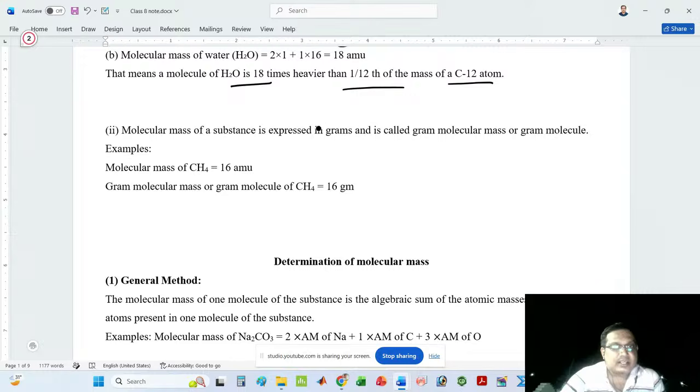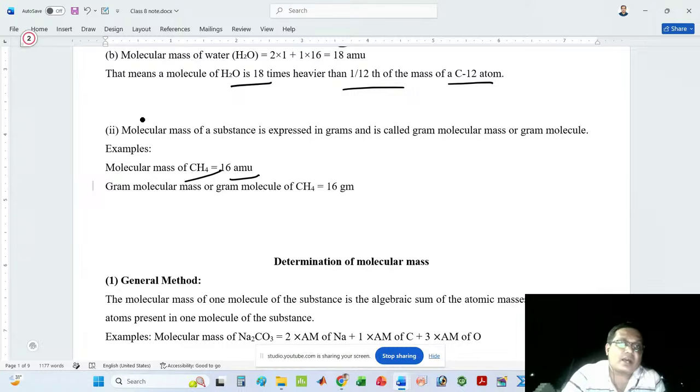Similarly, you can think about the CH4 molecule. Here, the molecular mass is 16 AMU. That means you can say that a methane molecule is 16 times heavier than 1 by 12th the mass of a C12 atom.